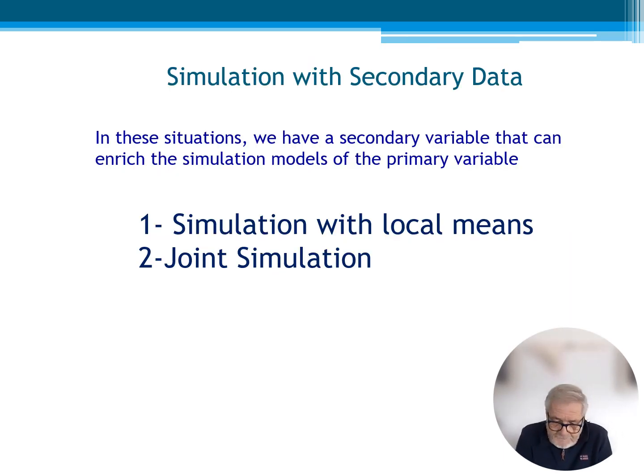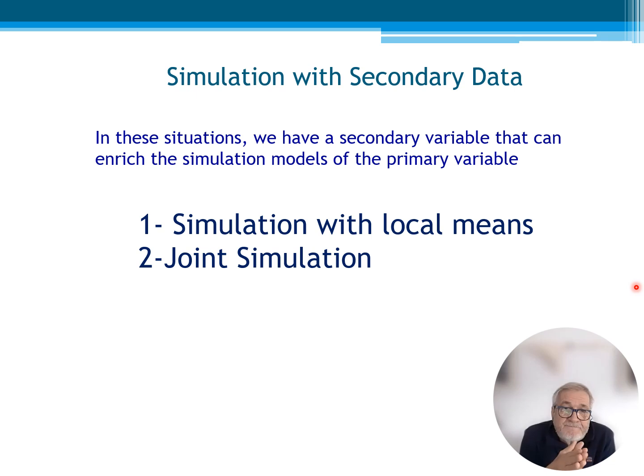Now, let's see a different chapter: when you do simulation with secondary data or auxiliary data. In those situations, we have a secondary variable, another variable that can enrich the simulation models of what we call the primary variable.